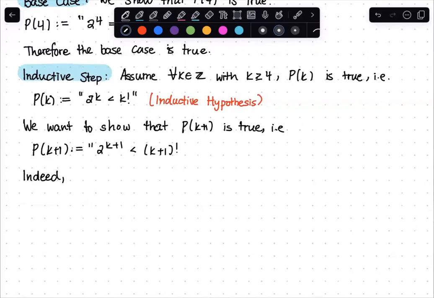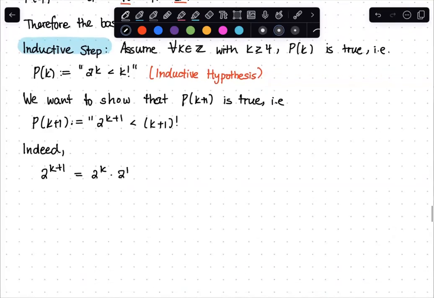well, let's start with the left-hand side. So 2 to the k plus 1. Obviously, we could write this as 2 to the k times 2 to the 1. But by the inductive hypothesis, we know that 2 to the k is smaller than k factorial, right? So that's going to be k factorial times 2.